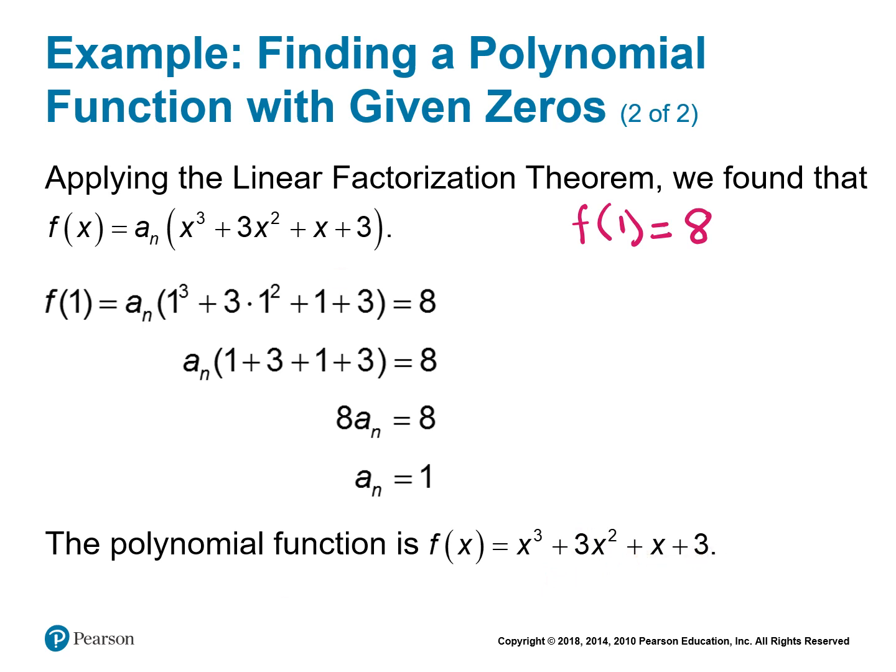Now, if you wrote it as f of x equals 1 times x cubed plus 3x squared plus x plus 3, and then multiplied it out and wrote it like this, that's fine too. All right, in fact, that's better. That way I know how you have obtained f of x equals x cubed plus the final answer, the final polynomial.